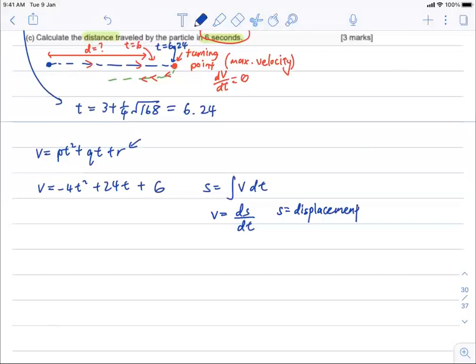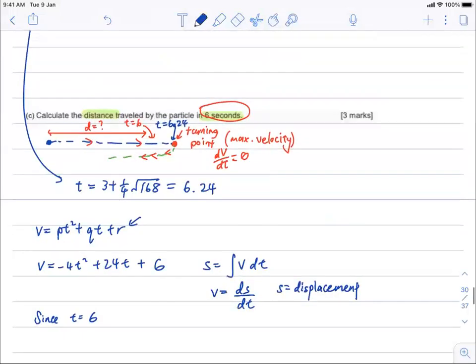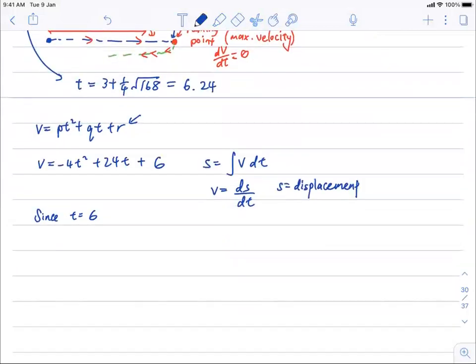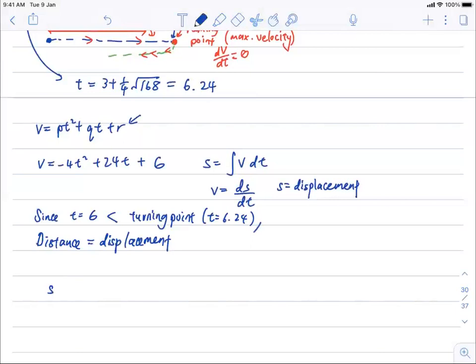We can say that since t is equal to 6, we want to find the distance traveled when time is equal to 6, which is less than the turning point. When t is equal to 6.24 is greater than that, so we can say that distance is equal to displacement. Hence, we can use integral of v dt.